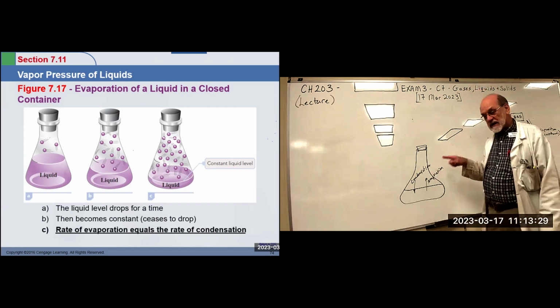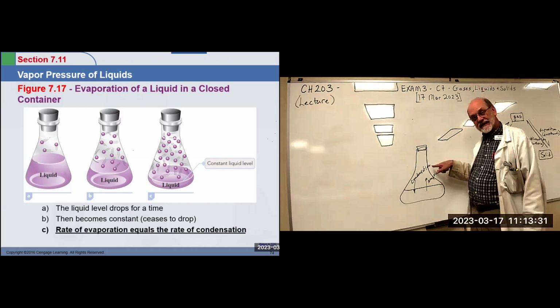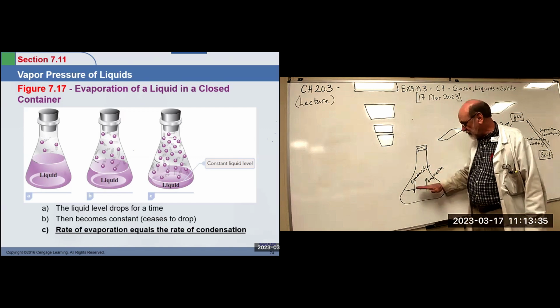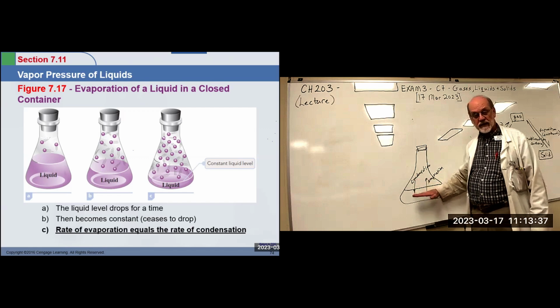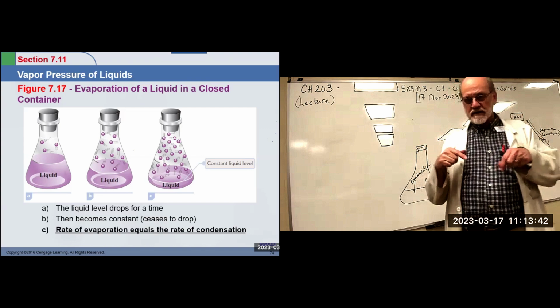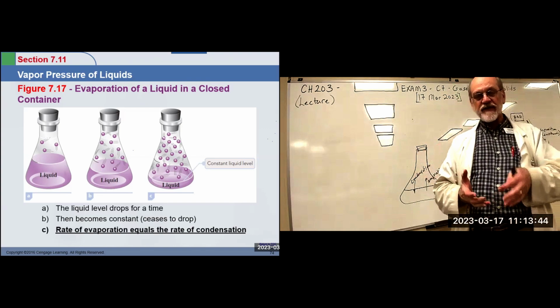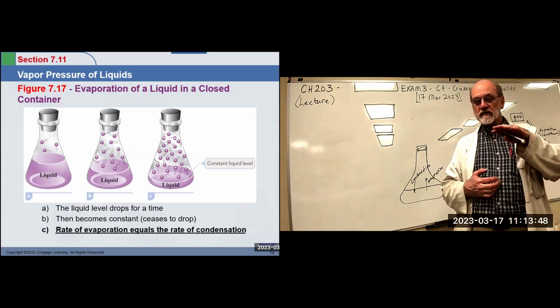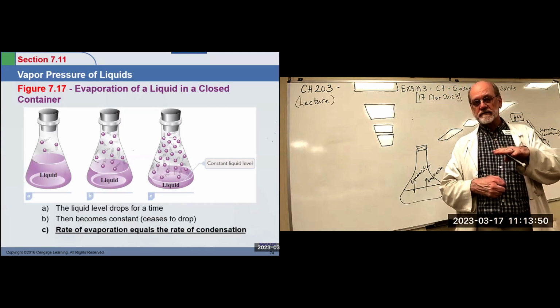At some point, this evaporation rate is equal to the condensation rate. And at that point, the level of the liquid stops dropping. It doesn't change anymore. So that's what we see. The macroscopic evidence is that the liquid volume does not decrease any further.